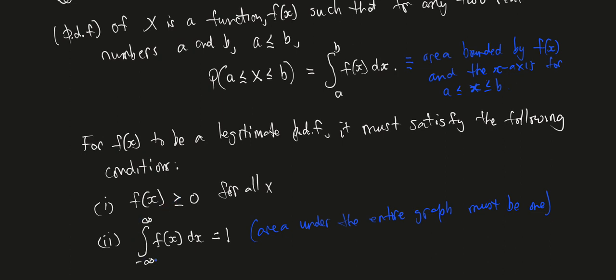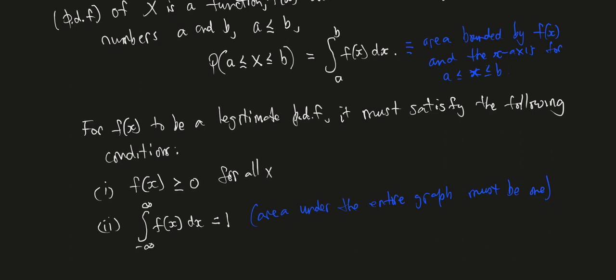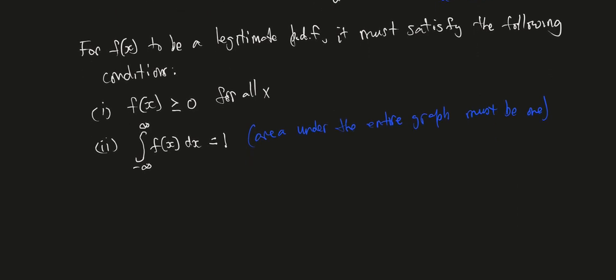And then the entire area under that function has to be equal to 1. So graphically, this is what we're saying. We're still using our horizontal axis to represent the sample space.